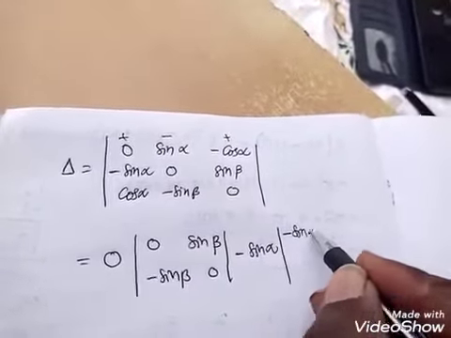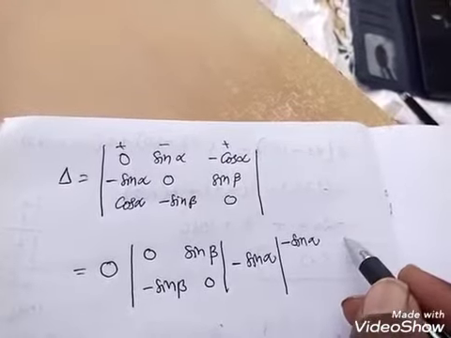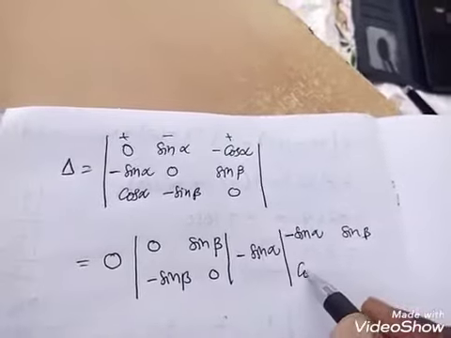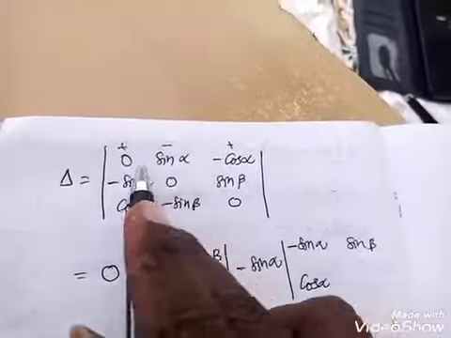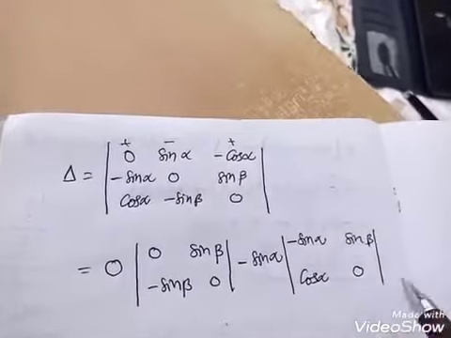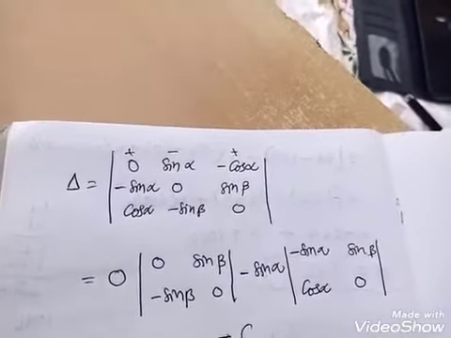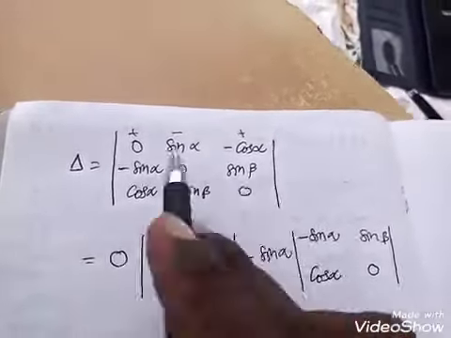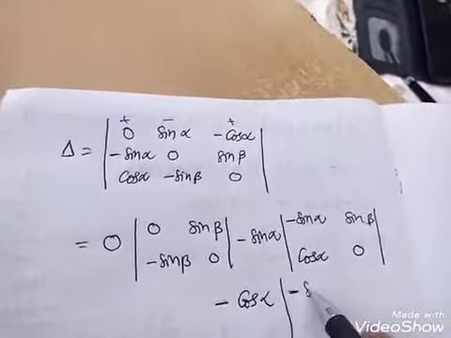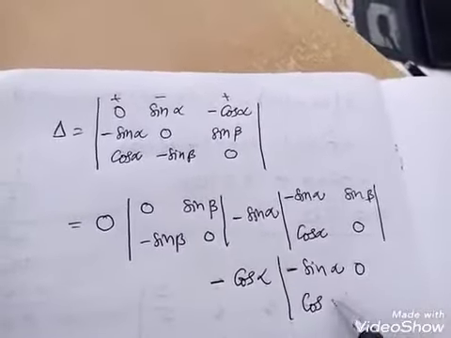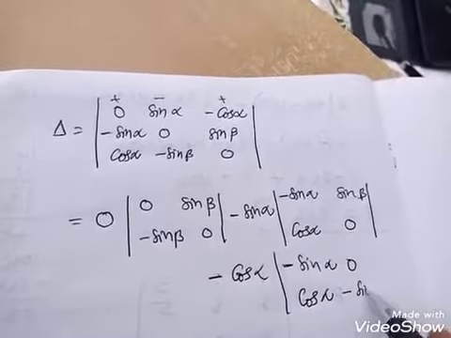Minus sin alpha and sin beta, now this one is cos alpha, and this, observe there, cos alpha and 0. Next, minus cos alpha, minus into plus, minus, minus cos alpha, and remove that row and column, minus sin alpha, 0, cos alpha, minus sin beta.